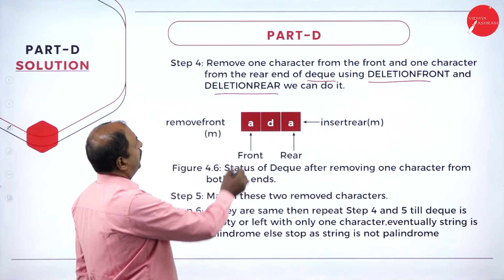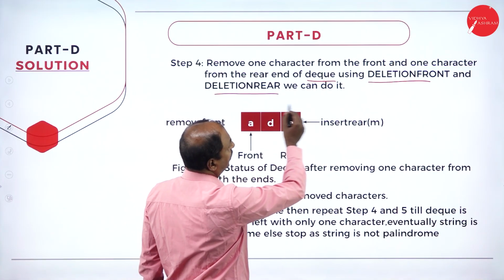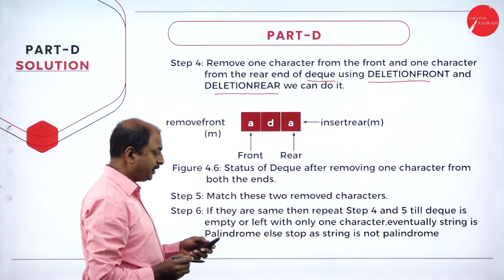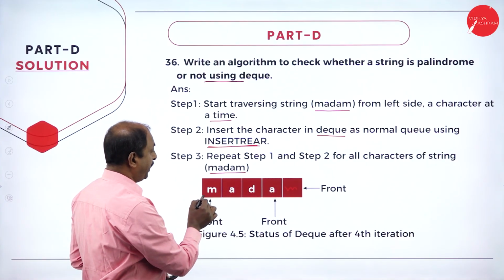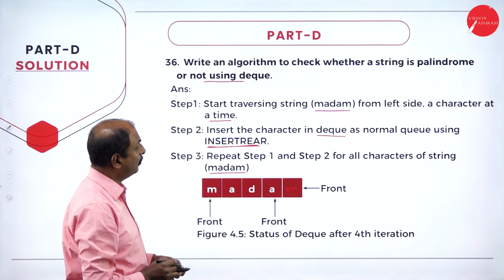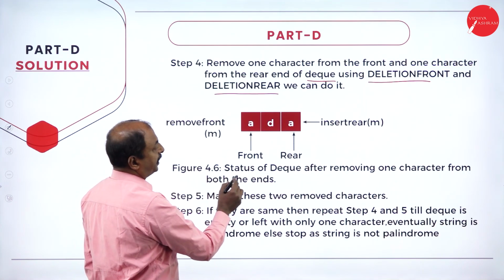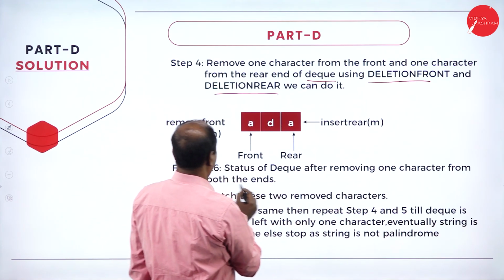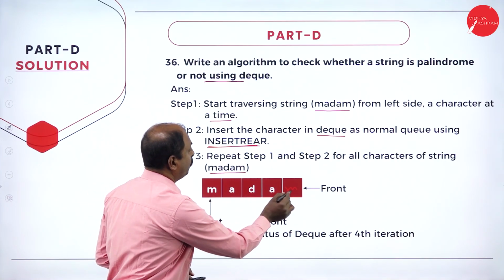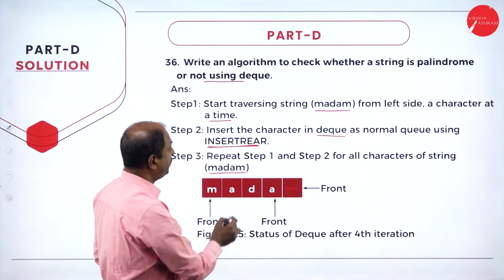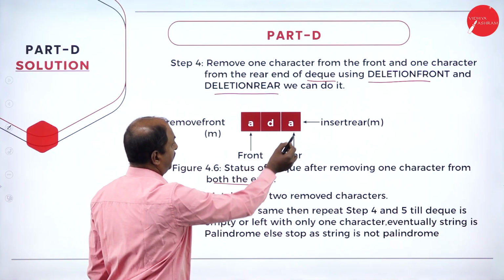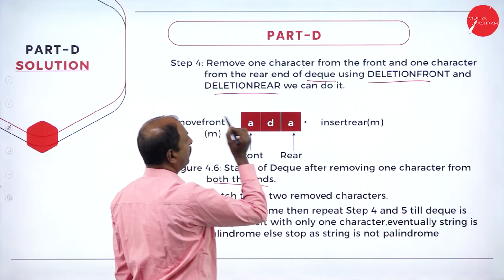After that, with the help of delete rear and delete front, we delete these 2 elements. In this example, we delete M and M from both ends of the DQ. Then the status of the DQ after removing one character from both ends is that we are left with ADA, with the rear point and front point.